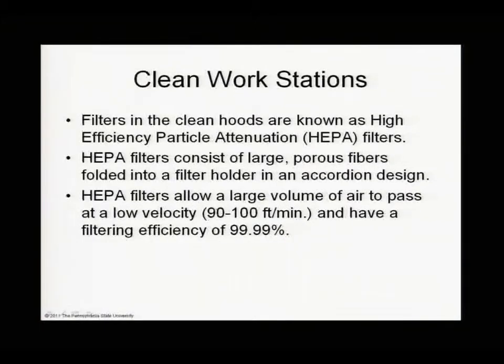These filters are called HEPA filters. And so you'll find HEPA filters in nanofabrication facilities, in clean workstations. You'll find them in larger environments, as we'll discuss. You'll find HEPA filters in hospital and operating rooms. They're used anywhere you're trying to control the quality of the air, when you're trying to control what's in the air.